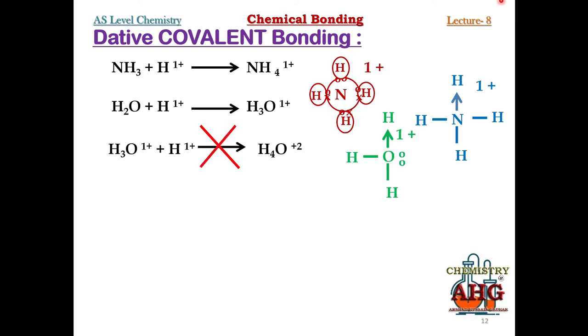Now there are 2 different reasons that you can remember why this reaction is not possible. One reason you can remember, that this reaction is between similarly charged particles. Similarly charged particles repel each other. Due to repulsion, activation energy of this reaction is very high.